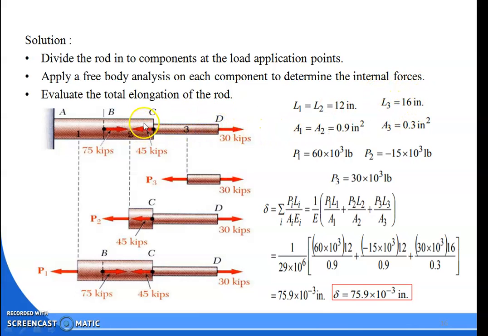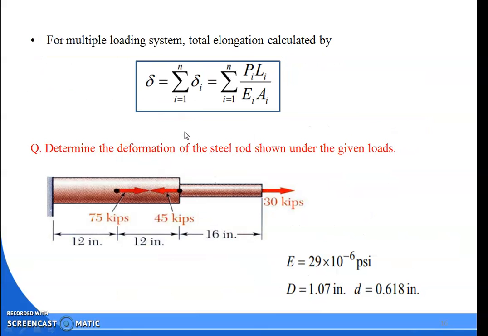Then the diameter is given in the question. For sections 1 and 2, the diameter is the same, and for section 3, the diameter is different. Section 1 has a diameter of 1.70 inch, which is equal to section 2. For this section, the diameter is 0.618.